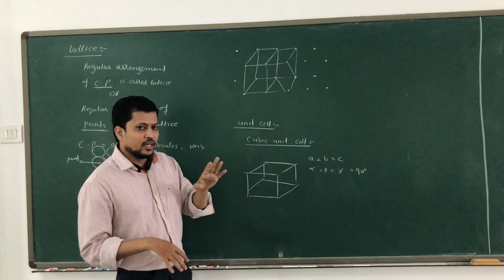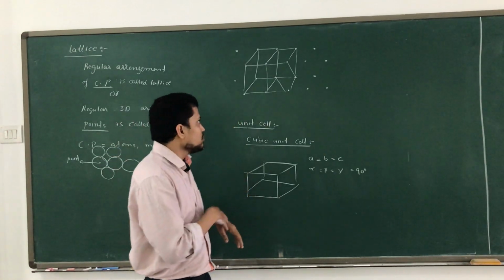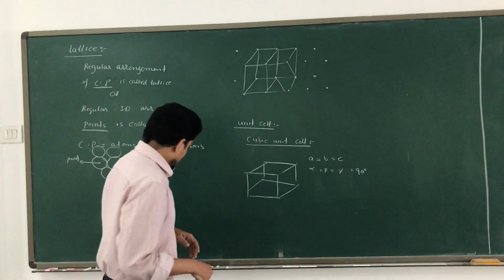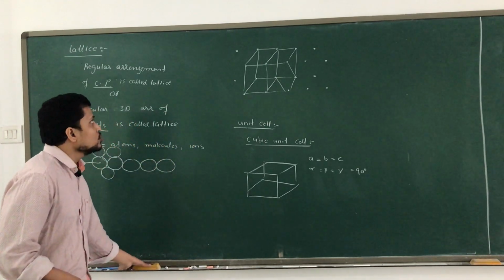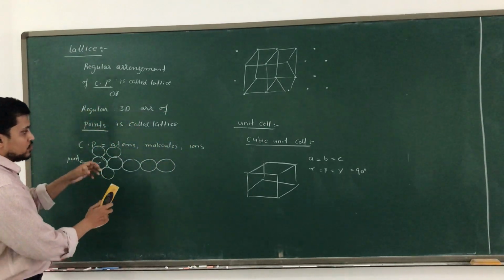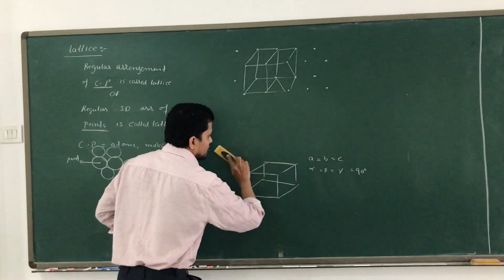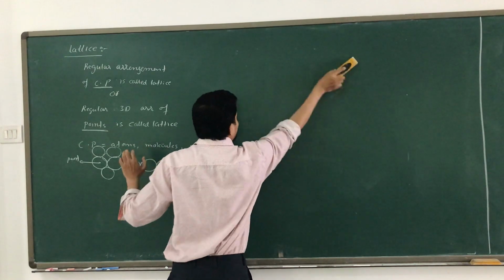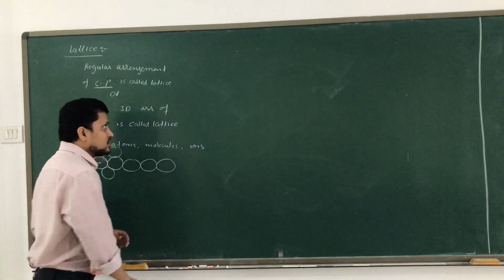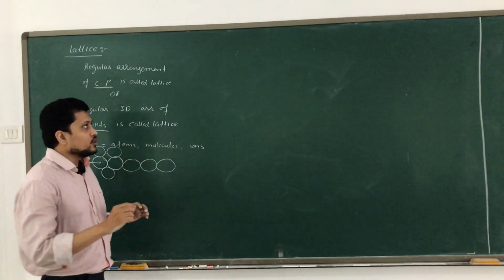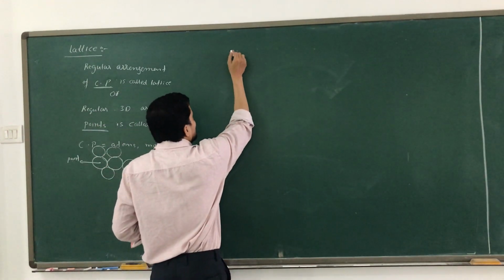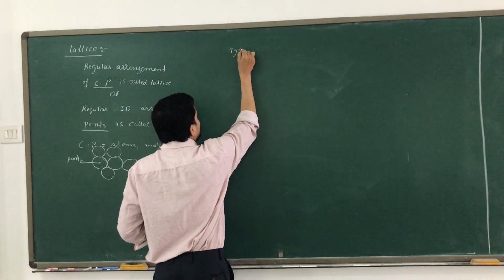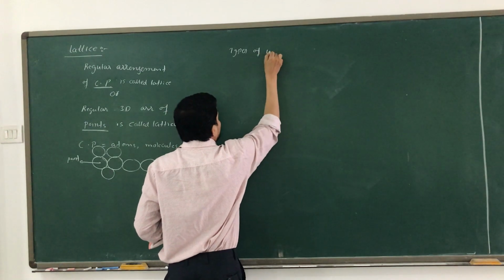Normally I used to say 2 types of unit cell, which I will explain now. Now I am showing you the types of unit cell, how many types of unit cell we have. So here I am putting types of unit cell.